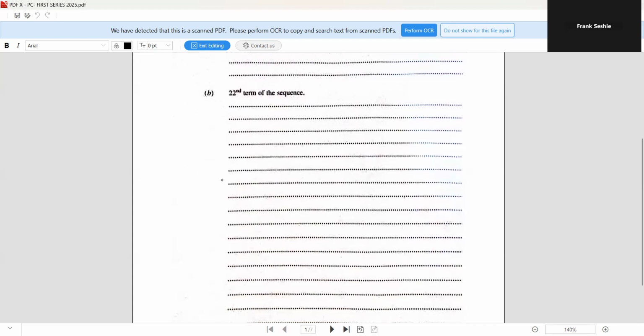It's going to be U22, which is a plus 22 minus 1 d. You know, our common difference now is 4. Our common difference is now 4.